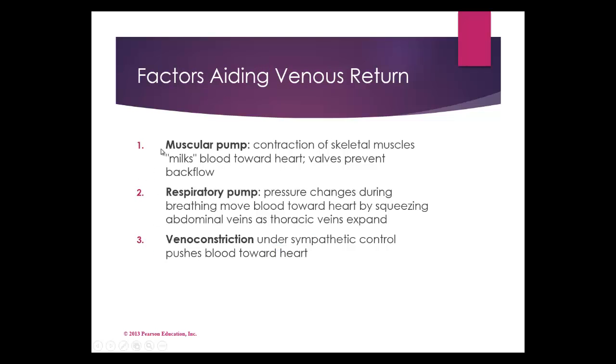So we talked about the veins being the low pressure side of the circuit. So therefore, what helps blood return to the heart from the veins? There are a couple of important means by which that happens.